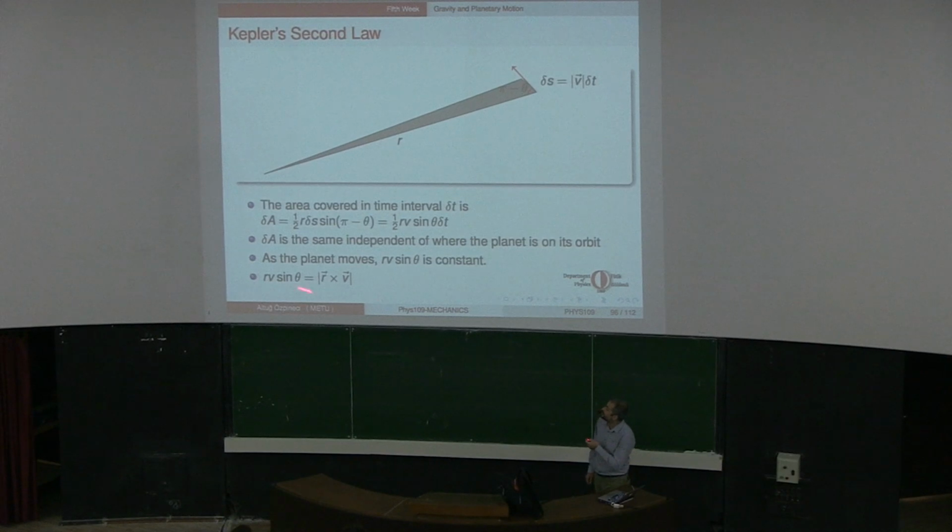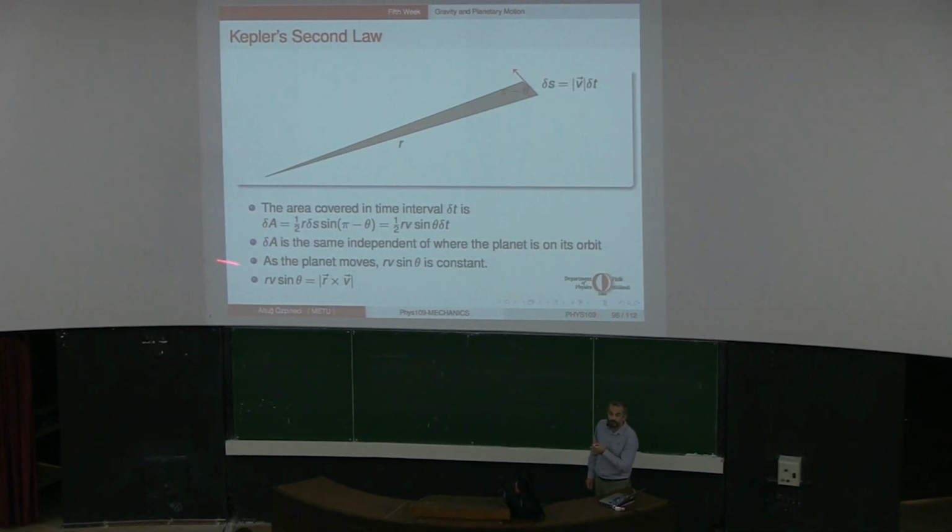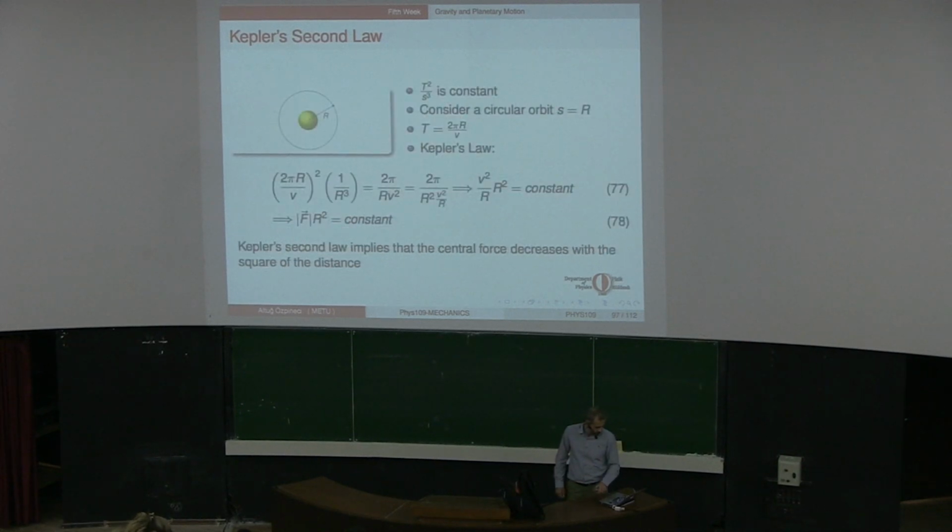In particular, we had seen that for circular orbits, this meant that the planet is doing uniform circular motion, because theta was 90 degrees for a circular orbit, r is constant, so the speed has to be constant. And then we had Kepler's third law, which just stated that this ratio, T squared over s cubed, was the same for all planets.